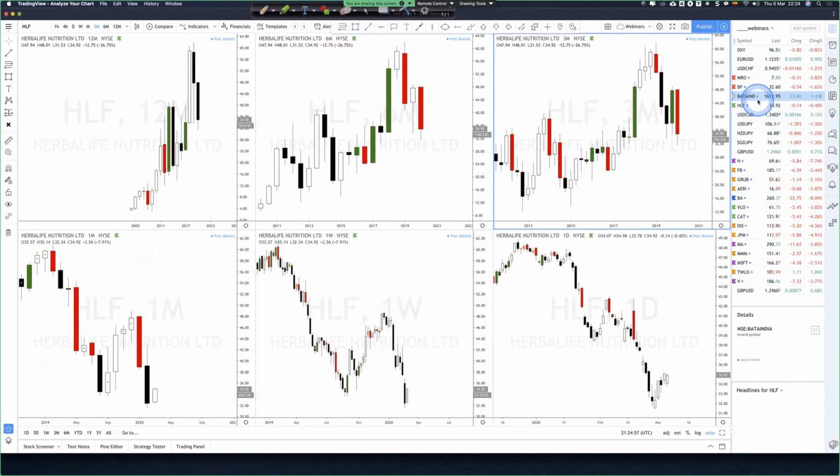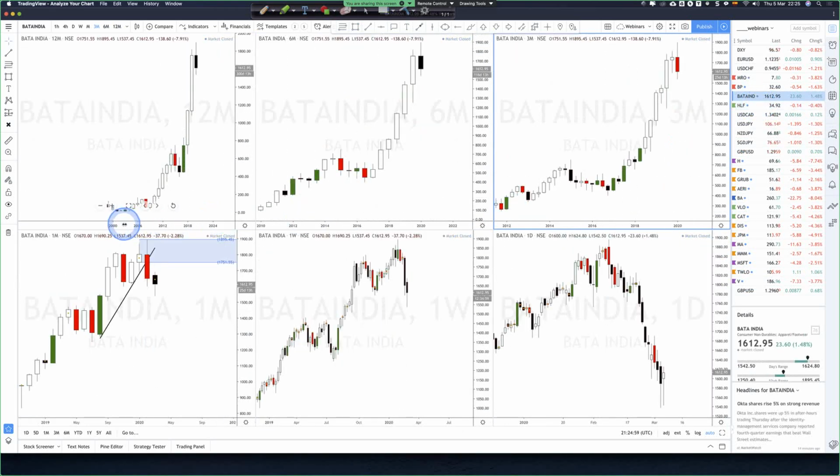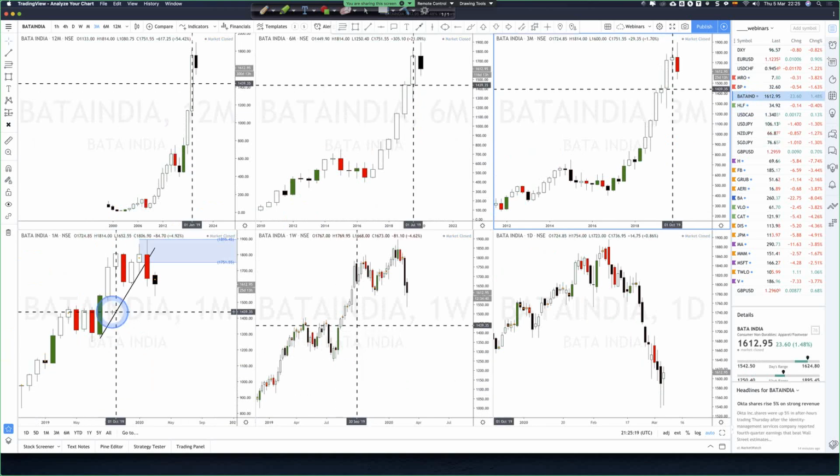Any more questions about this one, Bata India, Benu? So Benu is saying, I observed that many stocks used to react strongly from monthly demand and weekly demand. Can we go aggressively long for a short time? Like I said, the way to go short is to wait for new areas of demand.